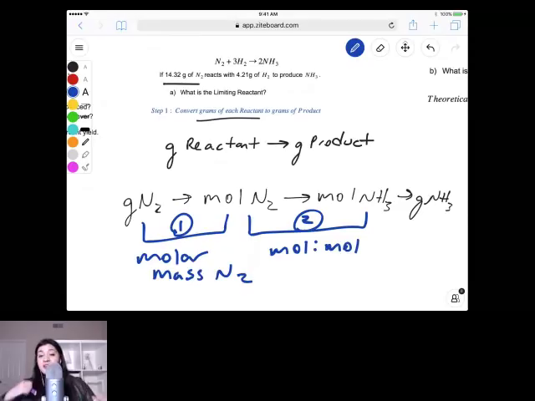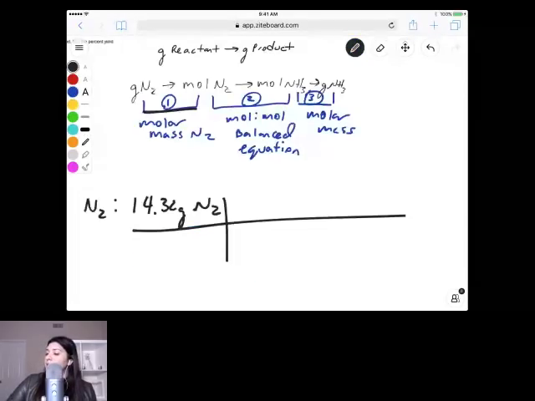All right, continuing on. Starting with our given amount of N2, we had 14.32 grams of N2. Looking back at our plan, we said that we're going to be using the molar mass of N2. So right then and there, we're going to put our grams of N2 on the bottom and moles of N2.